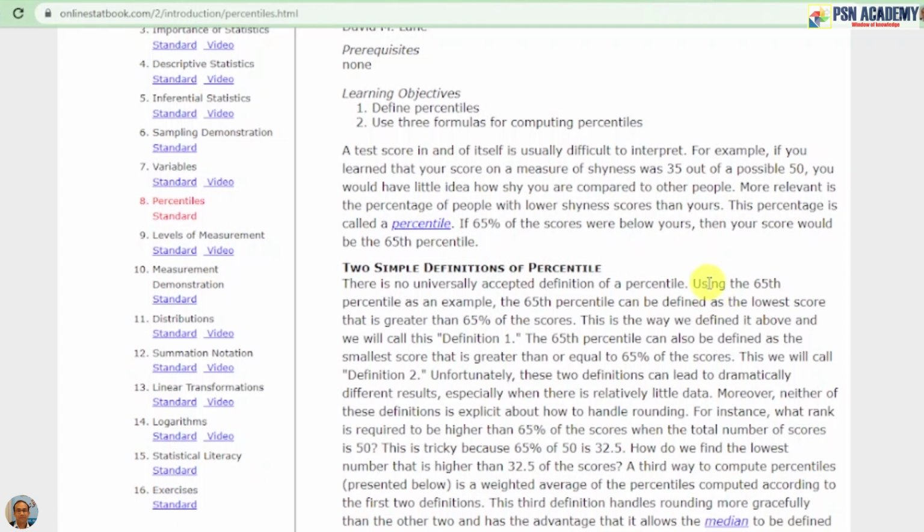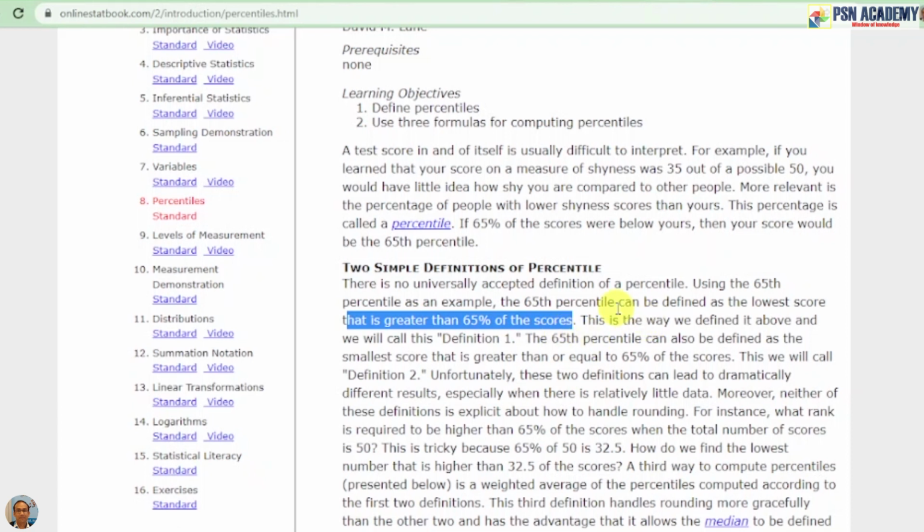Suppose there is a list of scores or numbers arranged in ascending order, and using the 65th percentile as an example, the 65th percentile can be defined as the lowest score that is greater than 65% of the scores. And that's true.